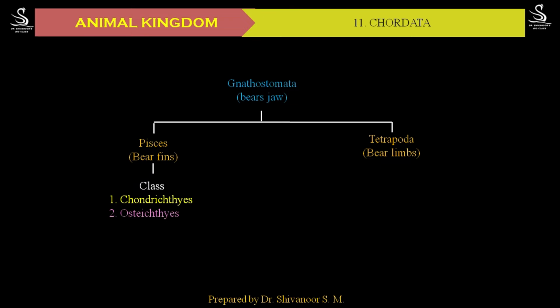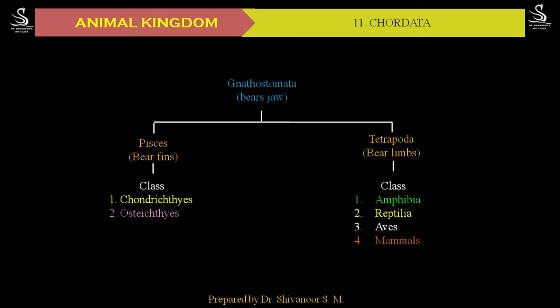In the same way, superclass Tetrapoda is categorized into four classes: class Amphibia, class Reptilia, class Aves, and class Mammals. Today in this class, we are going to understand the characteristics of class Chondrichthyes and class Osteichthyes together.